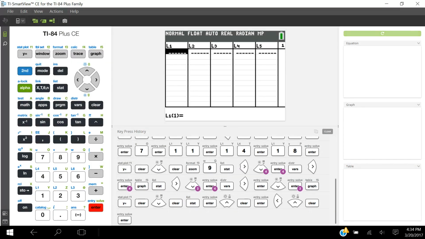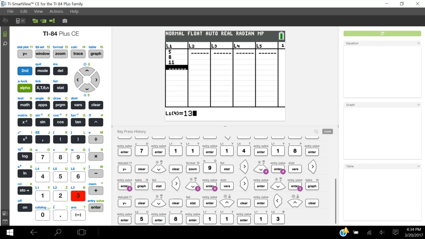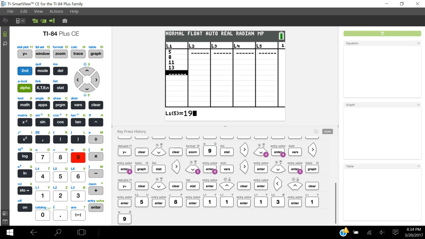So now I'm going to put in my data for number 2. So I have 5, 8, 11, 13, 19, 21, 25, 27.